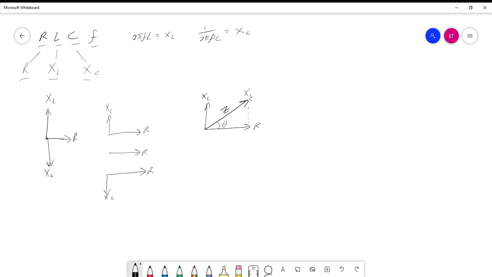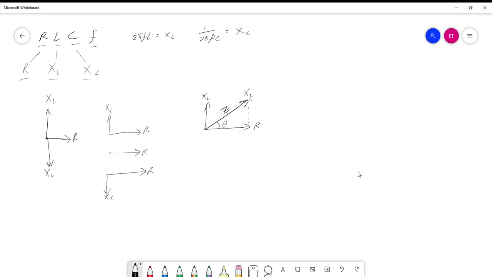So what we have then is a total resistance, total reactance, and total impedance is here, to calculate using the Pythagorean theorem, and we can get this angle using trig. This angle is actually the phase angle that will exist between voltage and current. And it's a positive angle, which means voltage will be ahead of current. And that makes sense because overall it's inductive reactance that's winning.